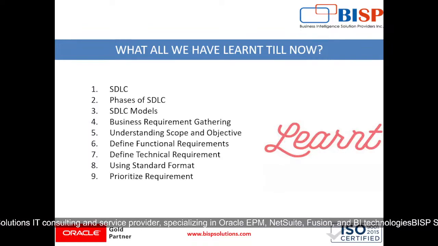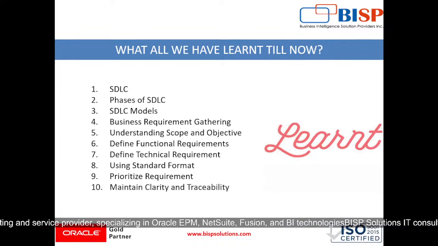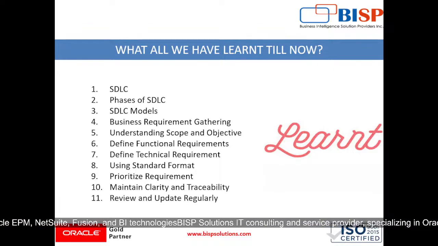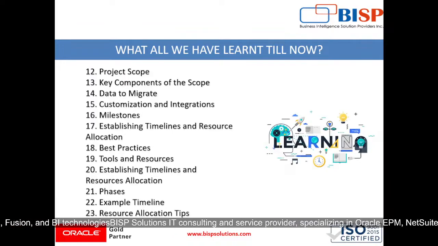Then we have prioritized requirements as per what the stakeholders prefer. Then we have maintained clarity and traceability so that we don't get any errors while testing. Then we reviewed and updated regularly with stakeholders.